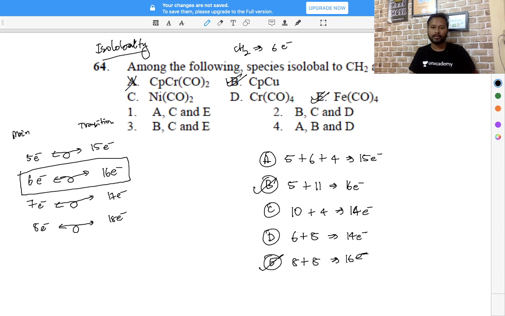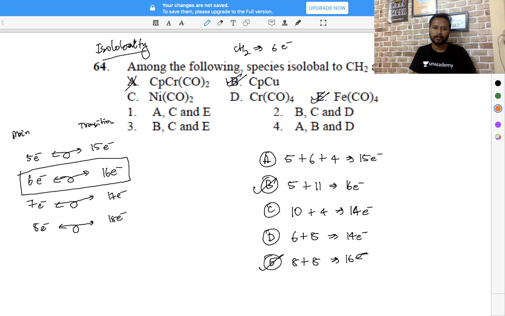But in options there is nothing like B and E. I think this was asked in CSIR June 2018. This was a wrong question taken in the exam, and later they gave the correct answer in the answer key as option number 3.